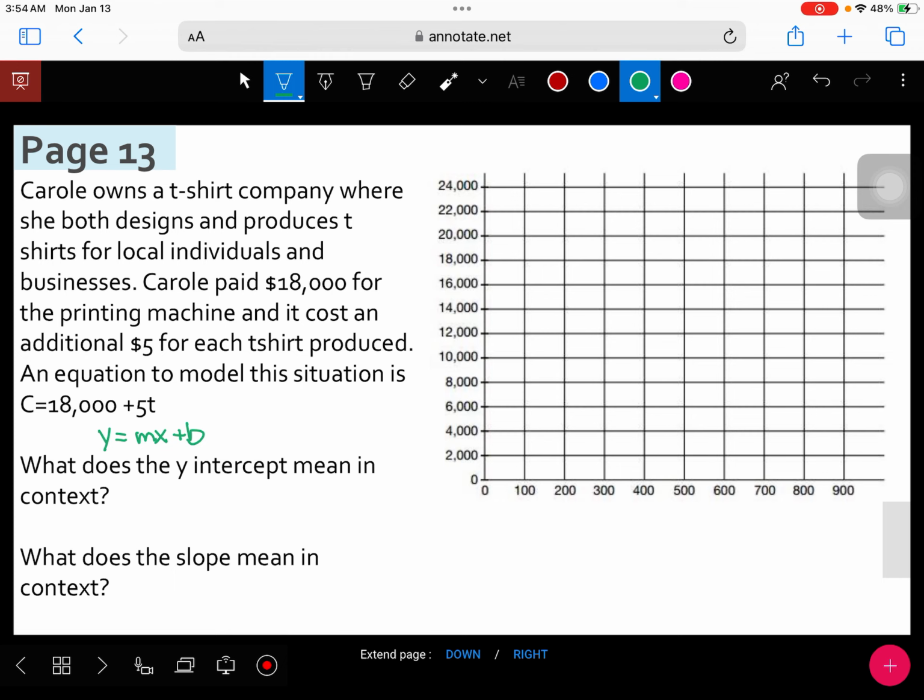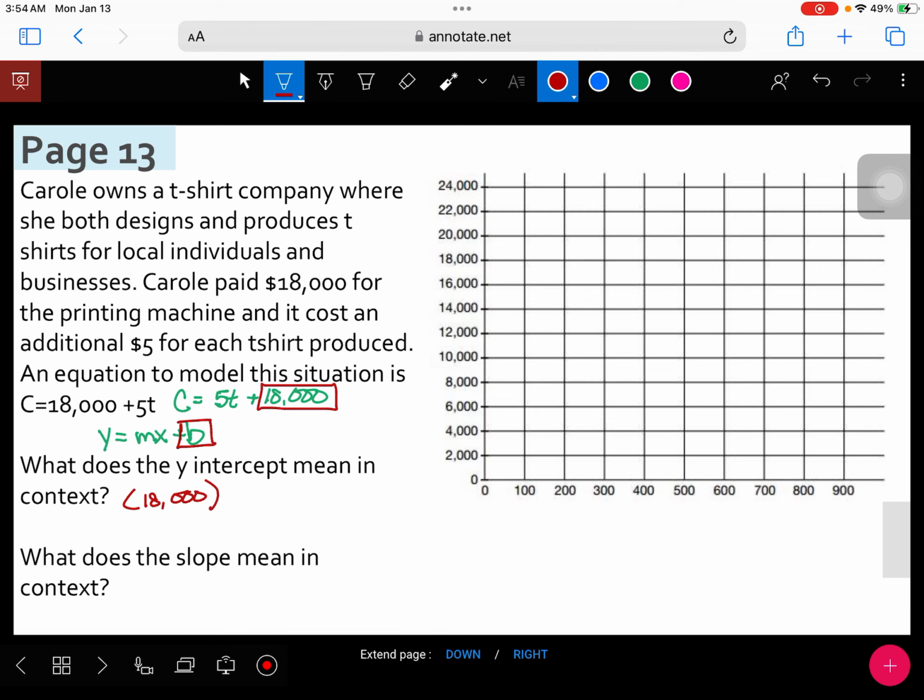And if I turn this around, that would be the same as C equals 5t plus 18,000. Your y-intercept here is b, so that means my y-intercept is 18,000. So we're talking about the 18,000 here. What does that mean in the context of this story?